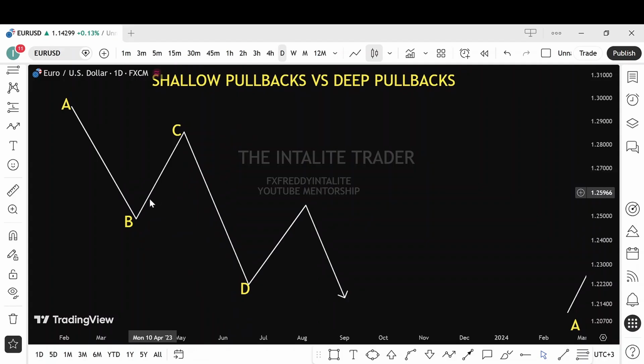So B to C and D to E, these points here, we shall call them pullbacks.